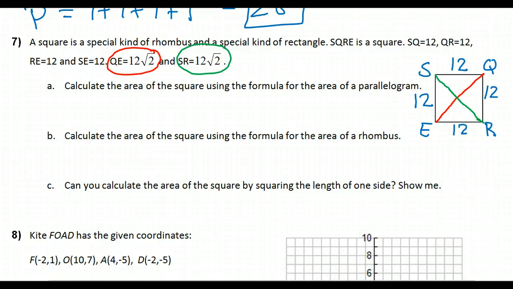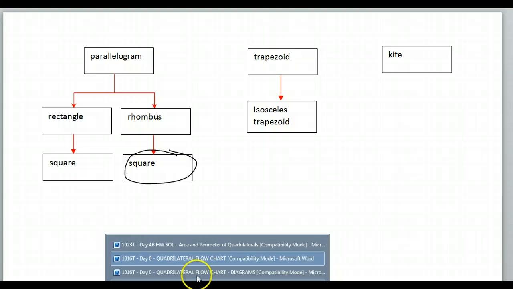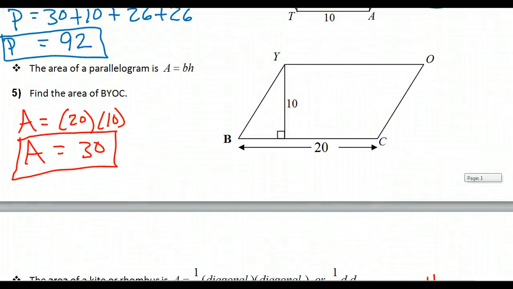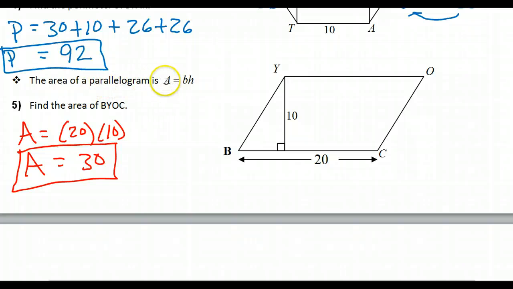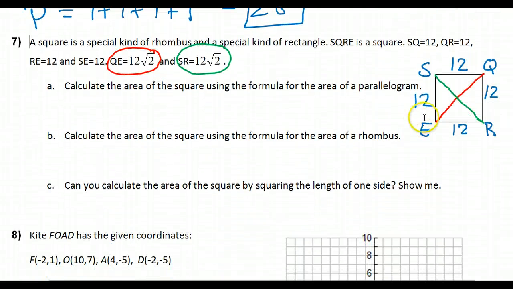Now, let's calculate the area using the formula for the area of a parallelogram. Of course, we know that a square is a special parallelogram. So there's no reason why I shouldn't be able to use the formula for the area of a parallelogram, which is base times height. That should work for a square because it is a parallelogram.